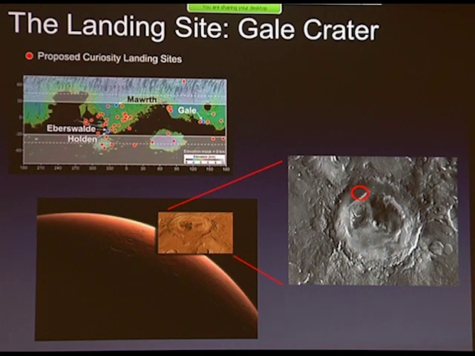Now we're on the surface of Mars, and our landing site is a place called Gale Crater. There were several different landing site options being considered by the science team. Why did we choose to land in Gale Crater? It is approximately 96 kilometers across, and of all the landing sites, it is the deepest crater.